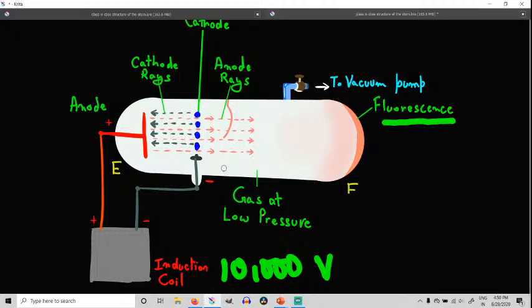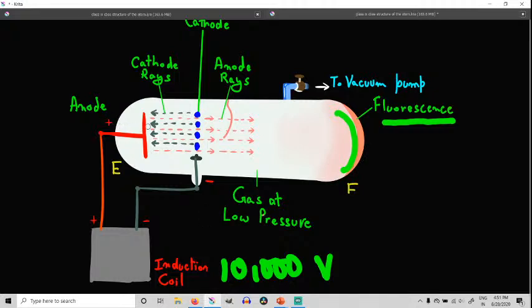Okay, and then they strike the glass wall. Since they are passing through these holes and then striking here, that's why we can see the fluorescence. Which side? At the back of the cathode, right? It means there are some positively charged particles which are coming from which side?